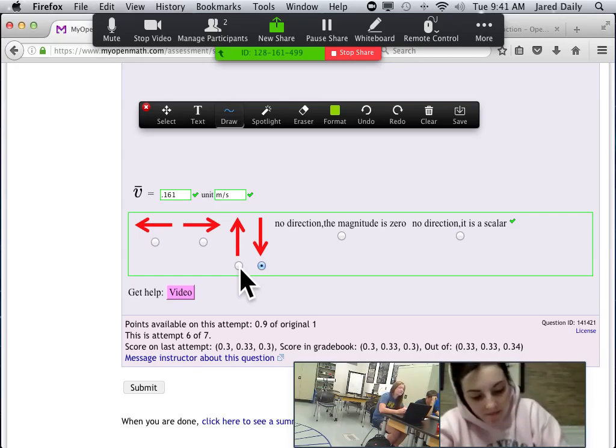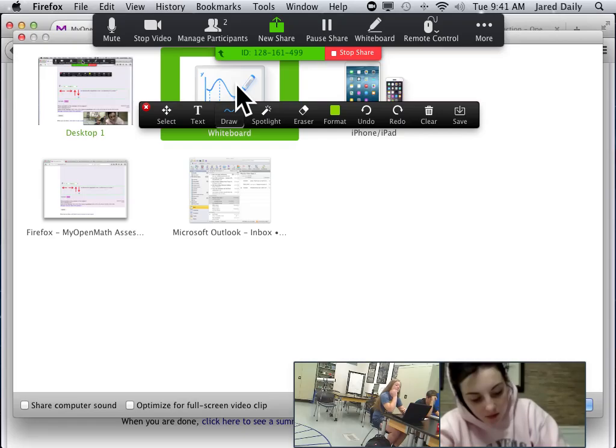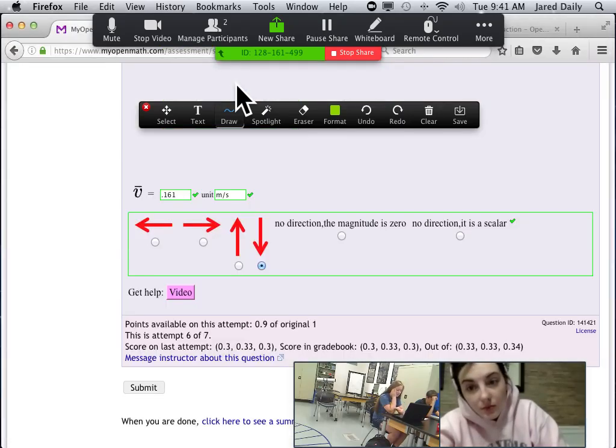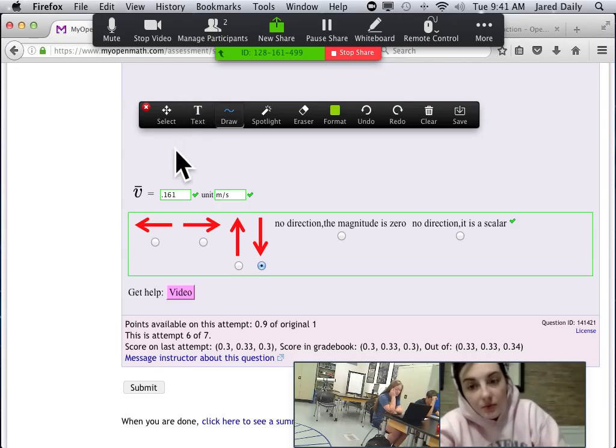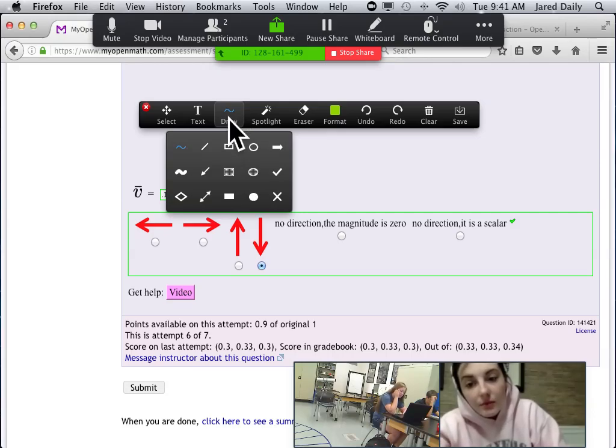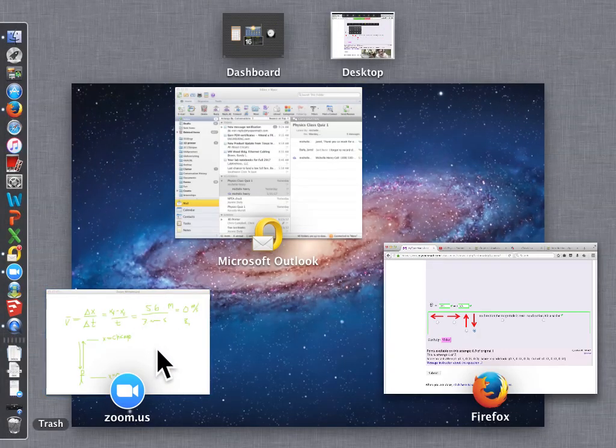Because remember, the definition has to do with displacement. We go back to our definition. Where'd my whiteboard go? Can't find my whiteboard. Oh, there it is.